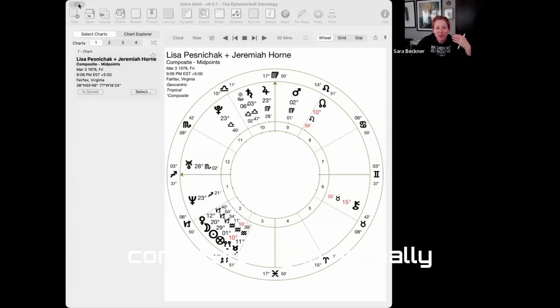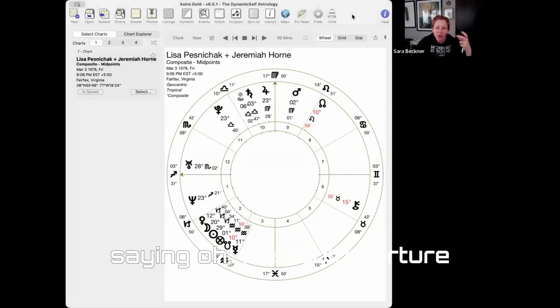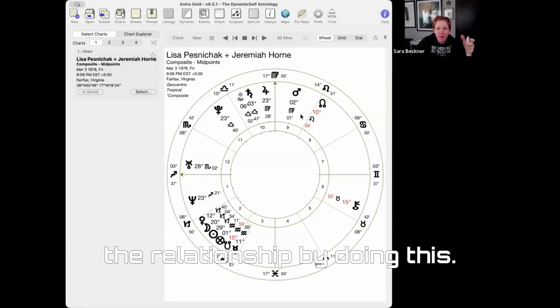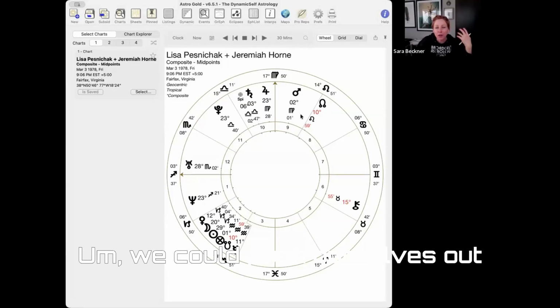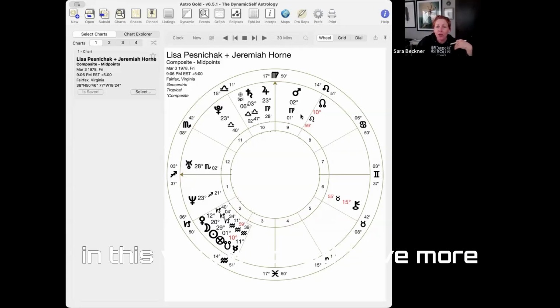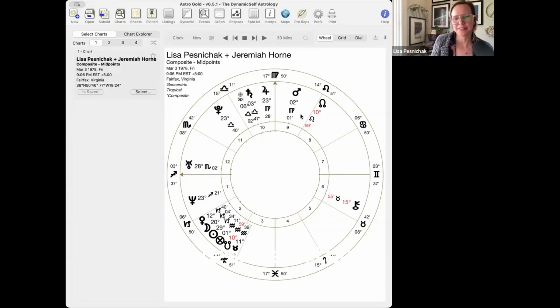But when you look at these composites, you're really saying, we could nurture the relationship by doing this. We could push ourselves out into the world and inspire others in this way. We could have more joy, vitality and energy in the relationship by cultivating the sun. So it's a lot of fun. I love composite charts. Yes, definitely.